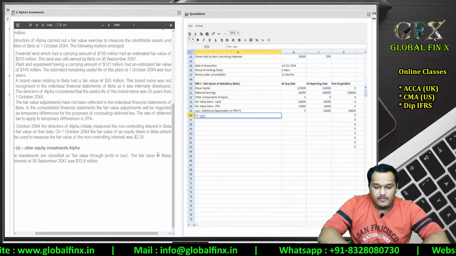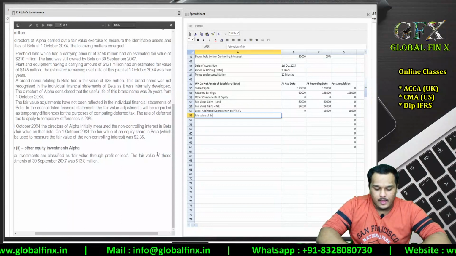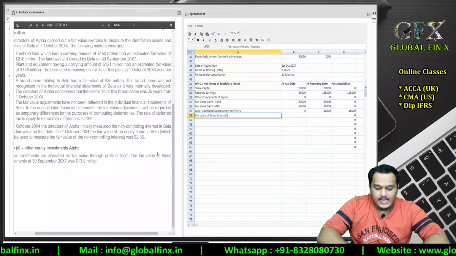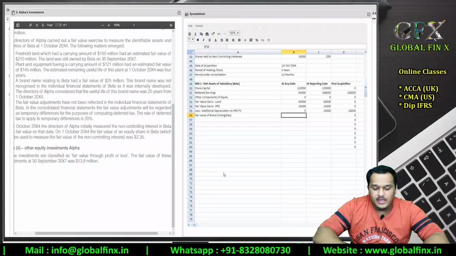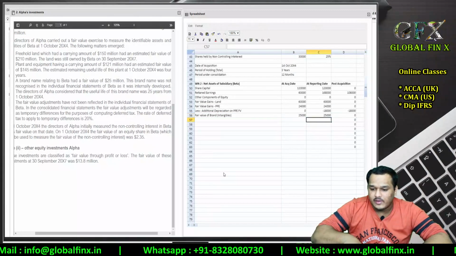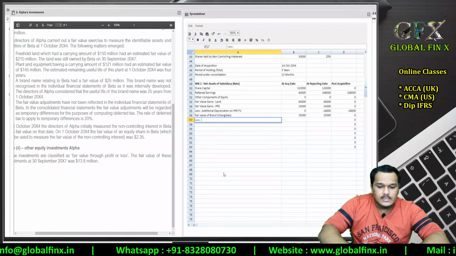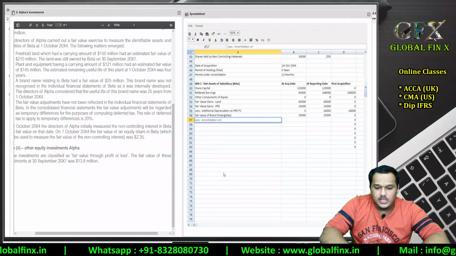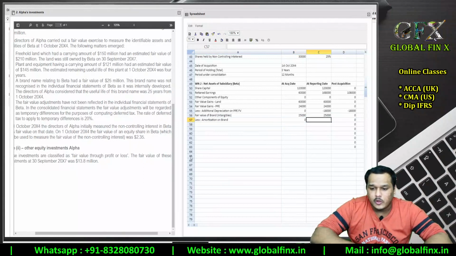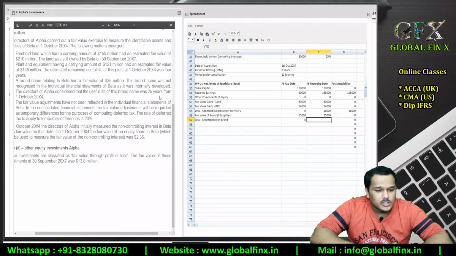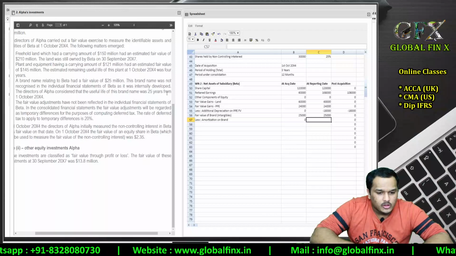So fair value of brand intangibles. How much is the fair value? 25 million, 25,000. Less amortization on brand. At acquisition it will be 0. Post acquisition at reporting date, it will be how much? What is the remaining useful life?